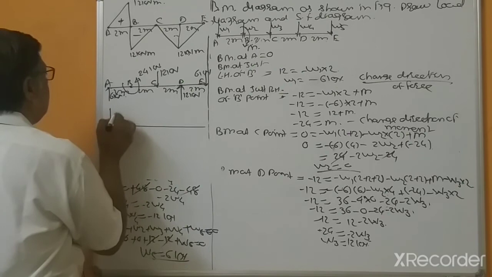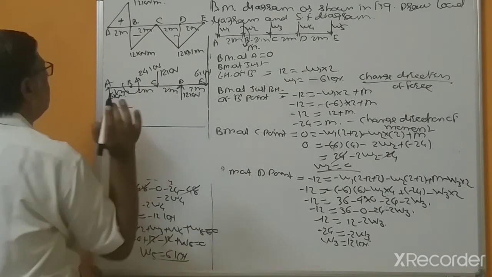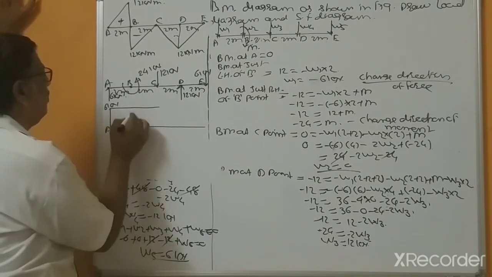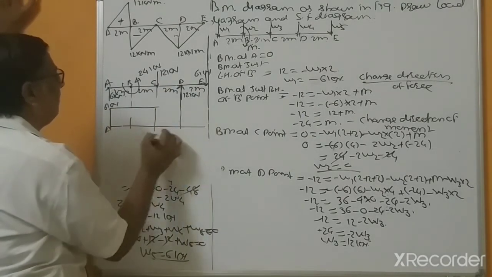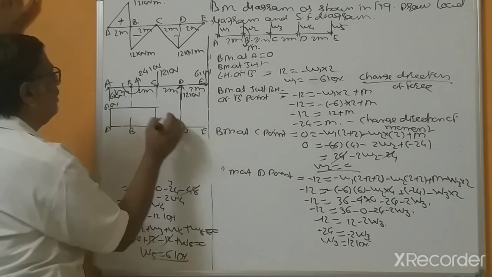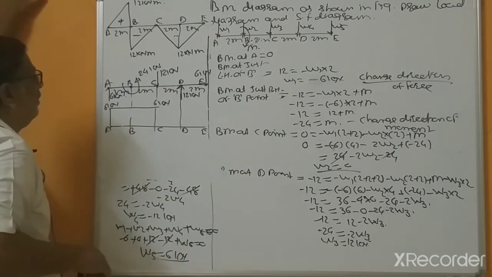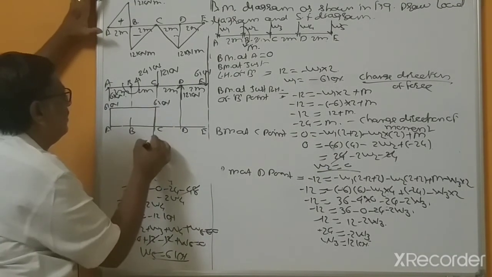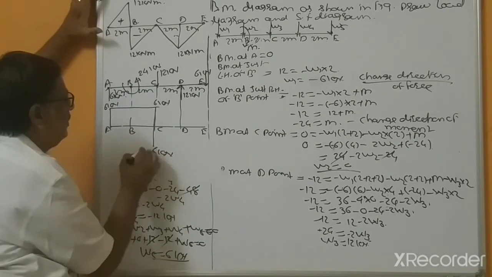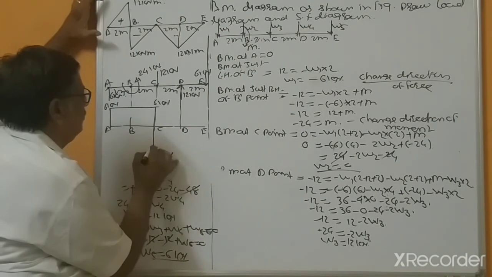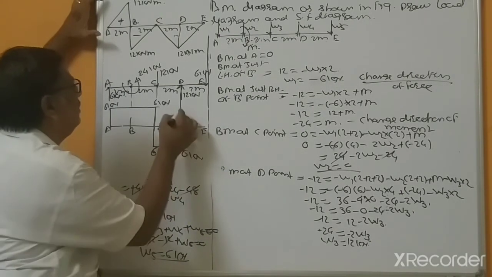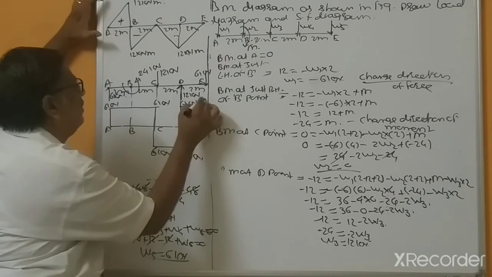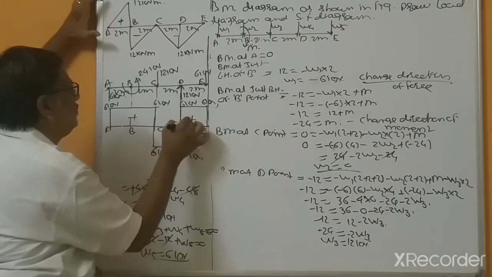This is upward 6 kilonewton, in between up to this point 6 kilonewton, A point, B, C, D and E. This is 6 kilonewton. 12 kilonewton downward, 6 kilonewton, and this is 6 kilonewton. This is your shear force diagram.